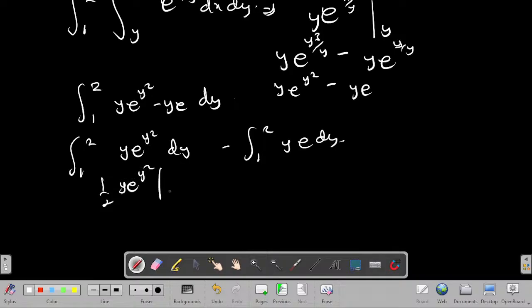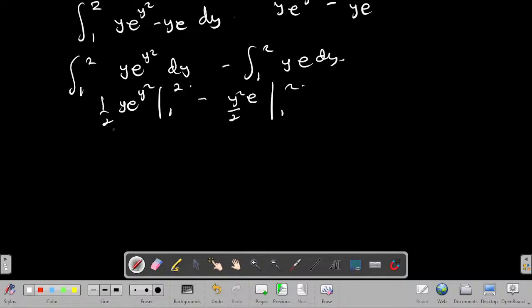From 1 to 2, then you have minus this one. Remember that e is a constant, don't forget. It becomes y squared over 2, and I have my e, then 1 to 2.